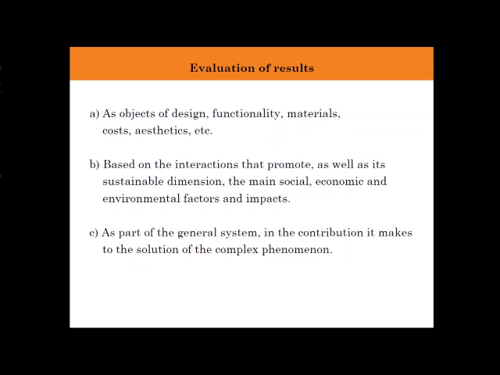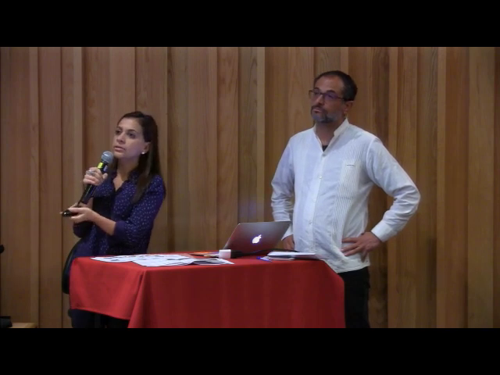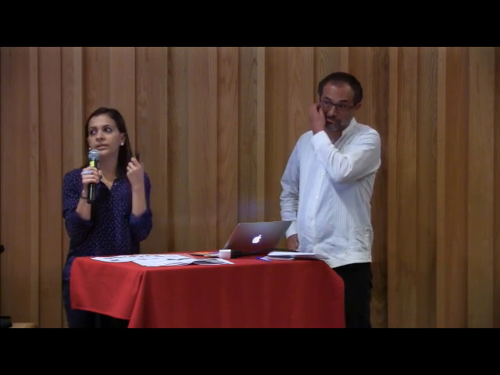For that, we used some lens tools, so that we could evaluate how the social, economic, and environmental aspects were approached. And also, as part of the general system, the contribution it makes to the solution of the complex phenomenon. What was the real contribution?